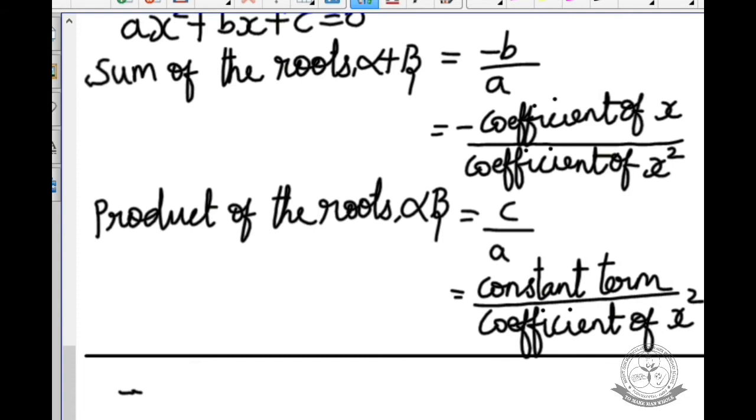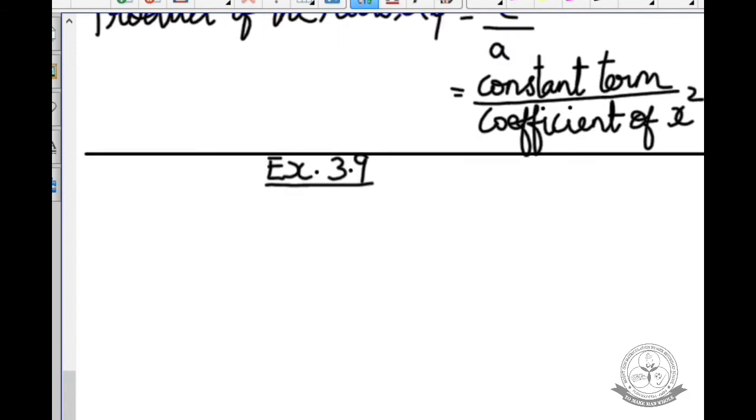Now we do the exercise. Sums in exercise 3.9. So first question, determine the quadratic equations whose sum and the product of the roots are given. First subdivision, given sum and product of the roots.